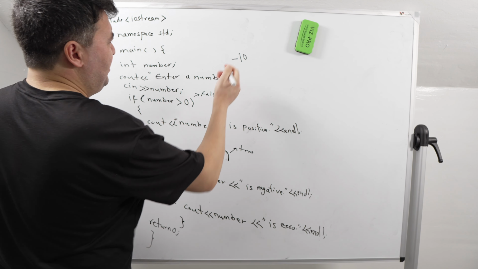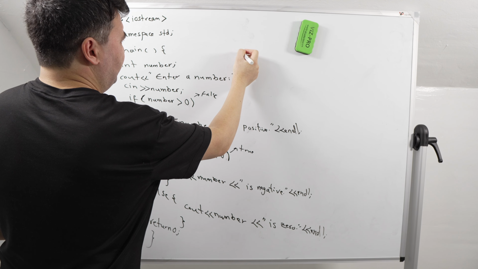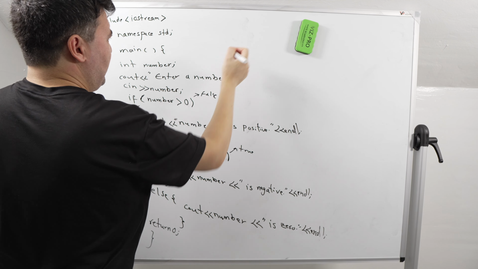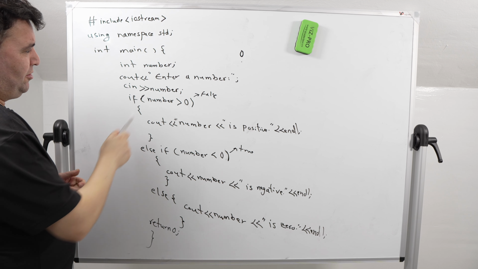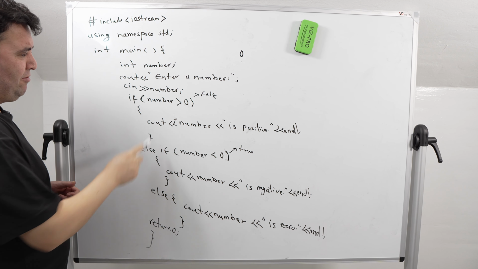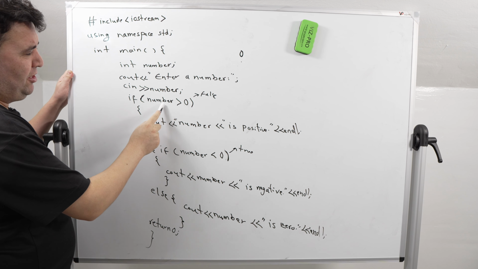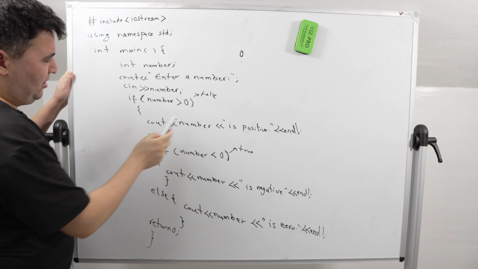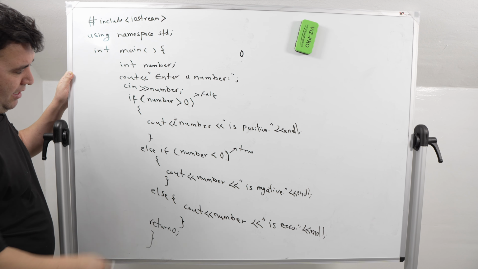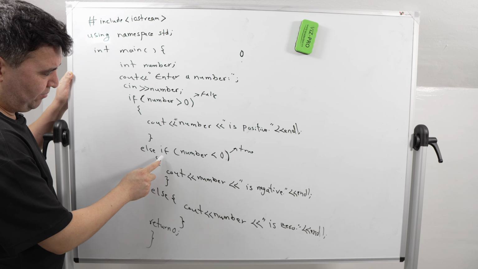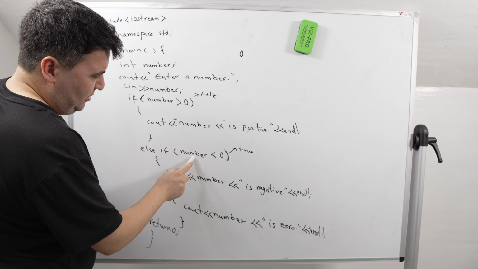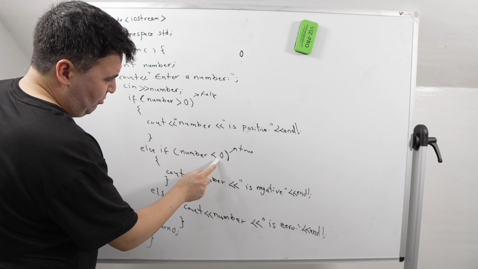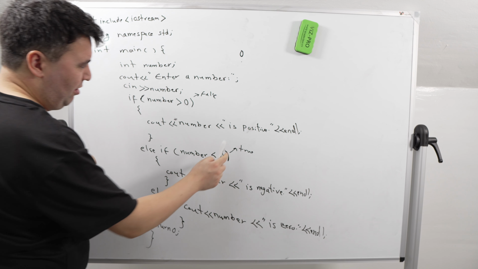If the user enters 0 from the keyboard, so 0 is stored inside number, then we check here. If 0 is bigger than 0, no, so the condition becomes false, so this section will not be executed. Then it goes to the else if: is 0 smaller than 0? No, it's false.